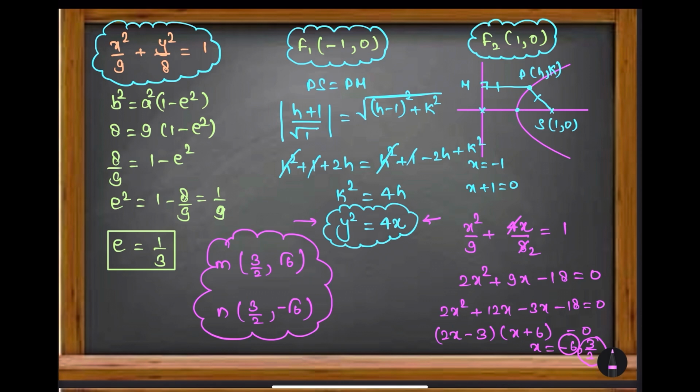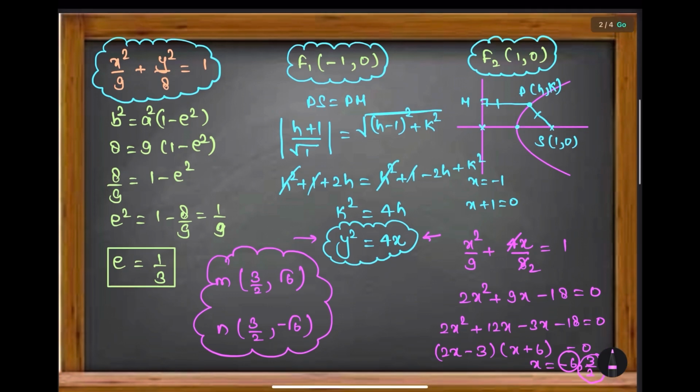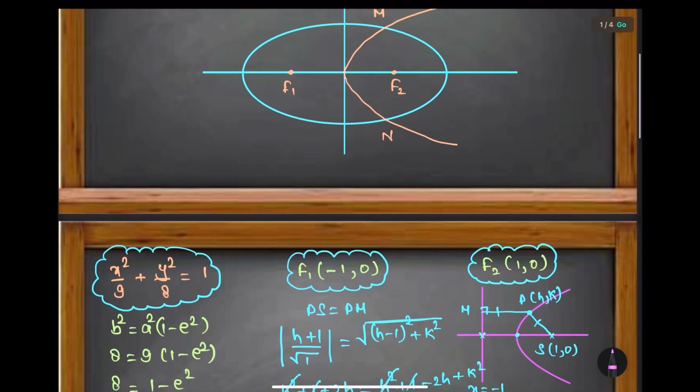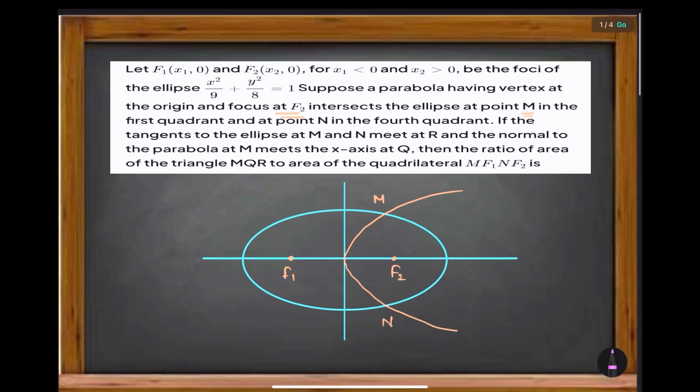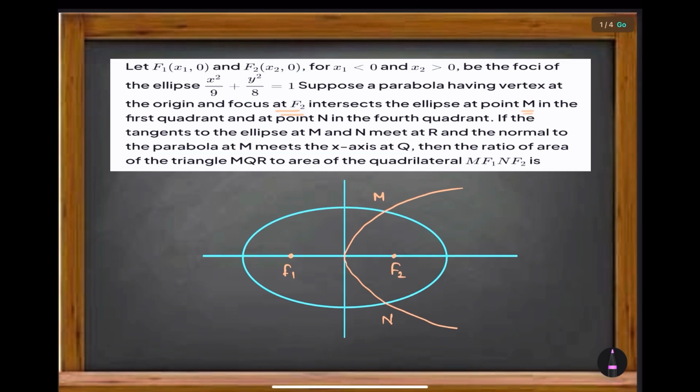Now we can read our question a little bit further. Okay, now look at this. So what was the idea? After these things, if the tangent to the ellipse, so they are talking about tangent and ellipse, tangent to the ellipse at M and N meets at R. Okay, so you have to drop tangent to the ellipse.